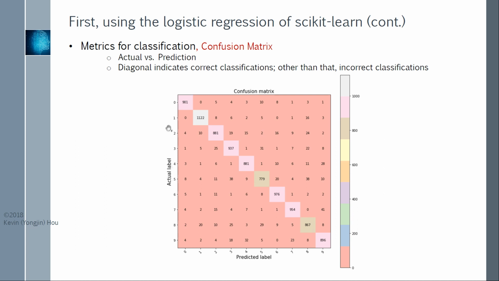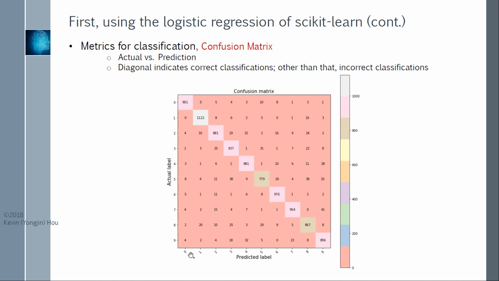Vertically, there are the actual labels for those images in our test data. And horizontally, we have the prediction label. Given each test image, what's the prediction based on our logistic regression?